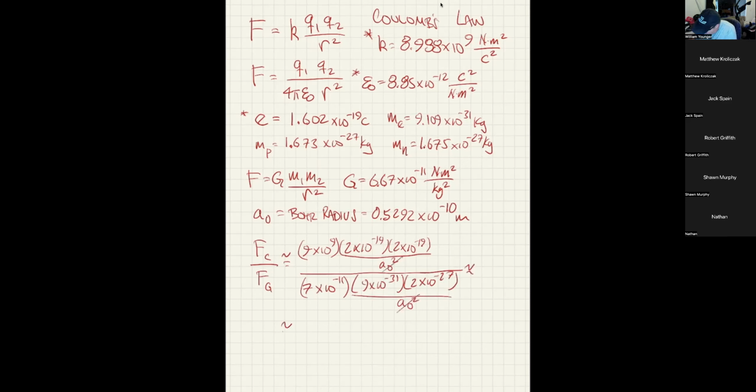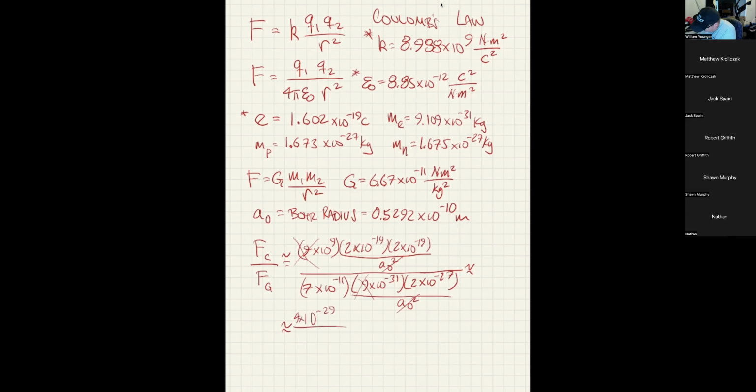And notice the 9 will cancel out with the 9 over here. This 9 multiplied, 10 to the 9th times 10 to the negative 19 gives me 10 to the negative 10. And then 10 to the negative 19 times 10 to the negative 10 would be 10 to the negative 29th. So I get about 10 to the negative 29th. Of course, that's 4 times that, because 2 times 2 is that.